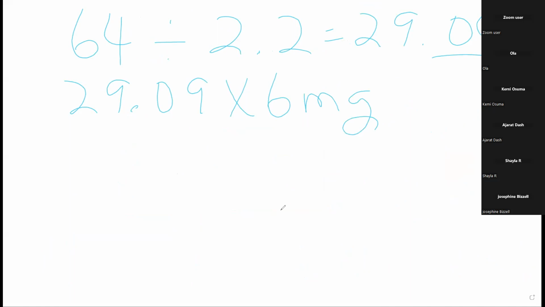So now we're going to multiply that times our ordered dose, which is 6 milligrams per kilogram per day.